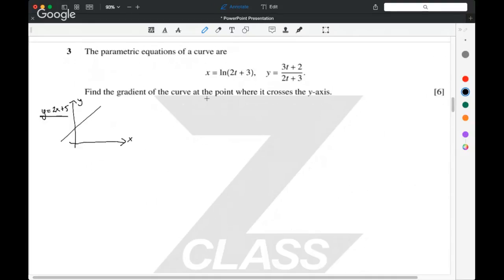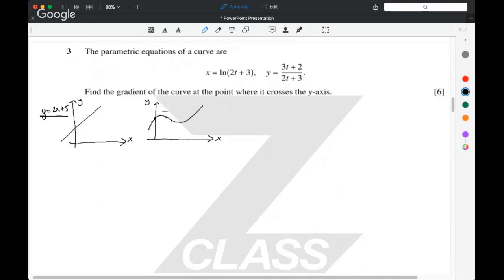But an alternative way is to imagine that there is some curve, it could be a straight line, could be like a funky curve, moving through this space. And you are walking along it. And at each second, at each time interval, you know what position you're at. So you know your y coordinate and your x coordinate.